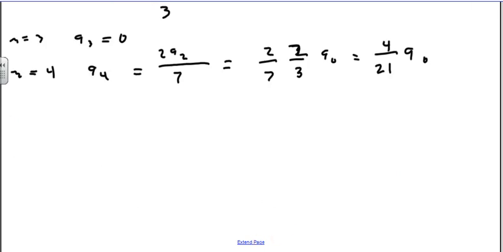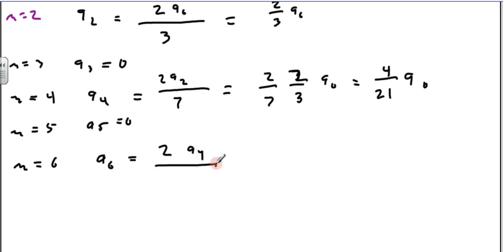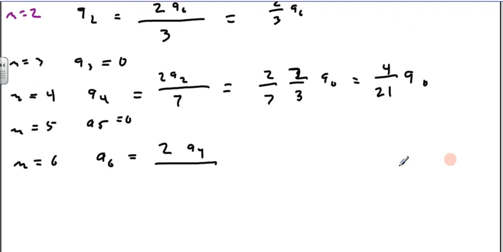Okay. And then I've got n is equal to 5. a5 is 0 because of whatever. And then n is equal to 6. a6 is equal to 2 a4 divided by 6 times 2 is 12 minus 1 is 11.